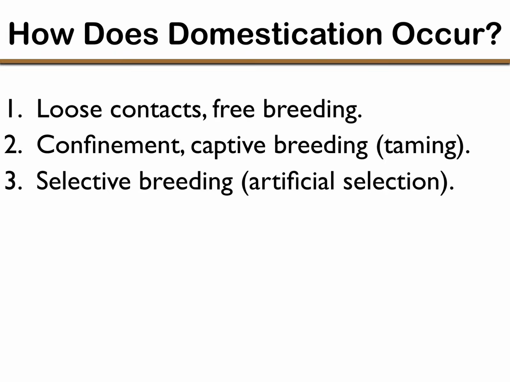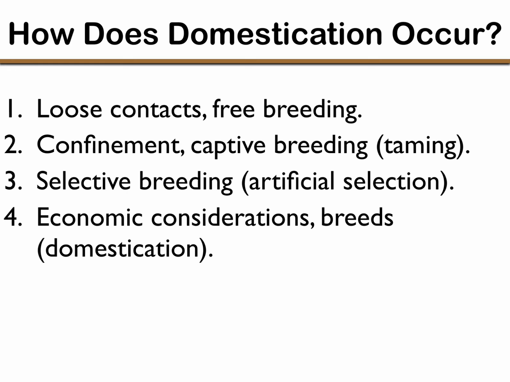Well, if you've gotten that far, now you can really focus on selective breeding, artificial selection for either your desired economic trait or aesthetic trait. And then finally, you get to the actual domestication part, where you have specific economic or aesthetic, but we're going to focus on economic considerations, where you are, in fact, creating discrete breeds.